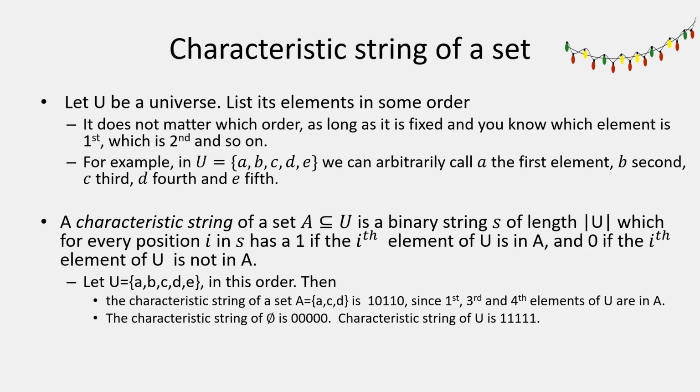So for example, if we have a set ACD, which has A, does not have B, has C, has D, and does not have E, the corresponding characteristic string will be 1 because it has A, 0 because it doesn't have B, then 1, 1 for C and D, and 0 for E. So the empty set is always a string of zeros and the universe is a string of ones.